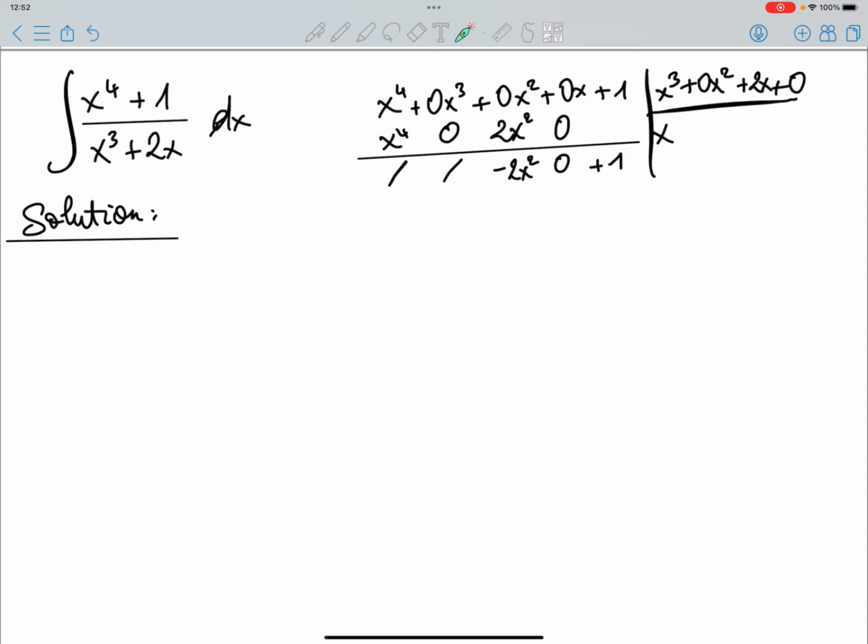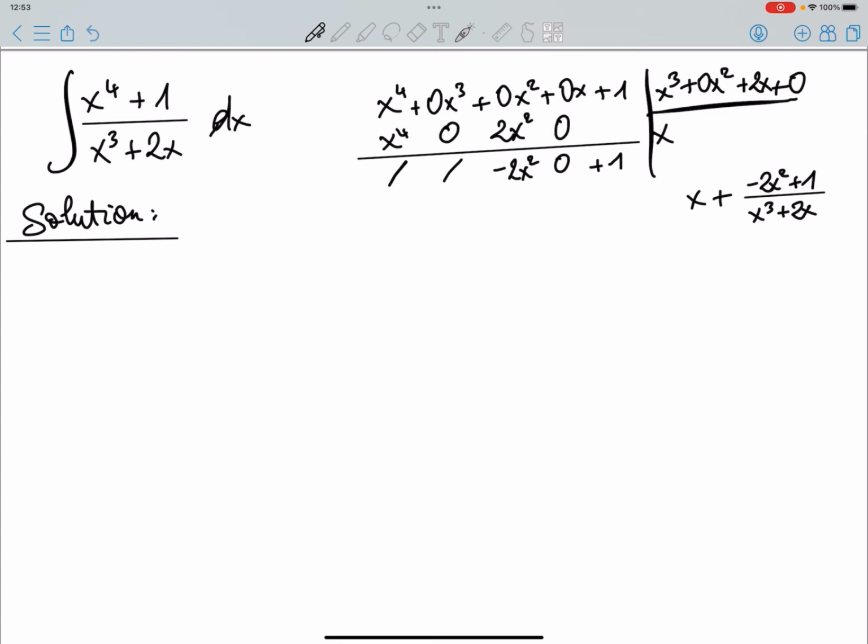So this is basically equal to this quotient plus this remainder divided by the divisor. So this whole thing can be written as x plus the remainder, minus 2x squared plus 1, divided by x cubed plus 2x.